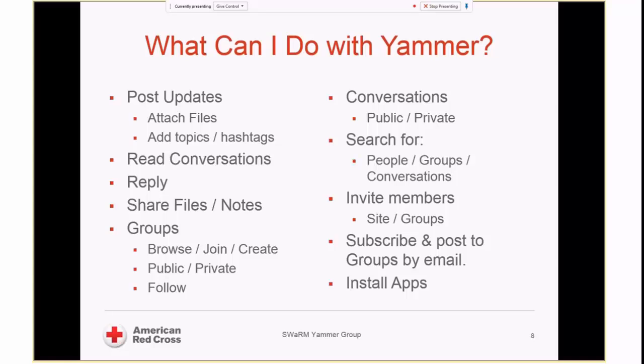You can add topics or hashtags, so if your update is geared towards a specific topic, you can add those topics. You can read conversations that are public or private or specific to a group. You can reply to messages that are out there. You can share files and notes as well.